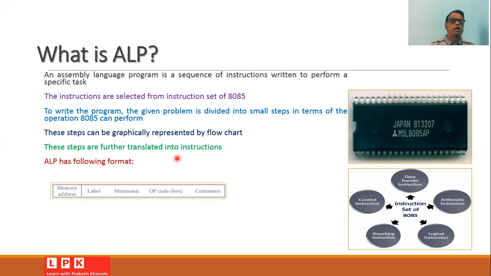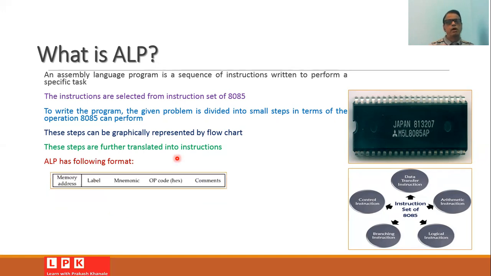Whenever you write any assembly language program, it has a specific format, and this format is like this. Initially you write down the memory address, label, mnemonic, opcode, which can be a hex code, and then you can write some comments about the instruction that you have written.